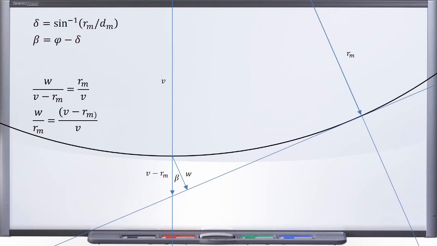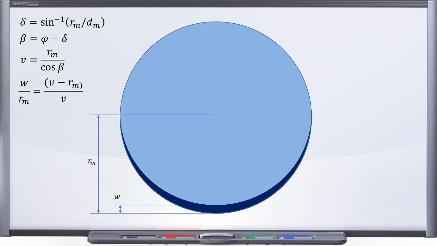So we can say that the ratio of W over V minus Rm is the same as the ratio Rm over V. So that gives us this equation here, and I'm just going to simplify that to give me the ratio of W divided by the radius of the moon. I just swapped some terms around and I got that right here.